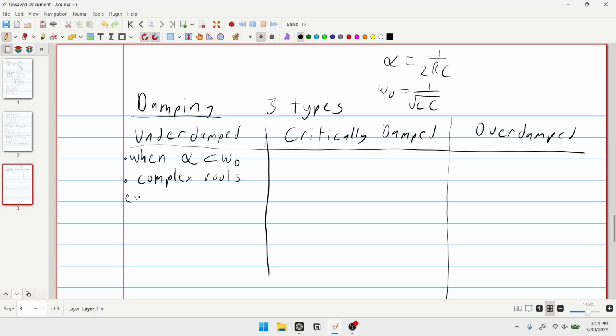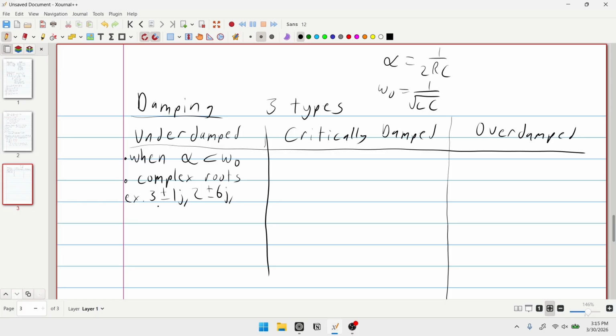So like some examples would be 3 plus 1j, 2 plus or minus 6j, or any sort of conjugate, right?